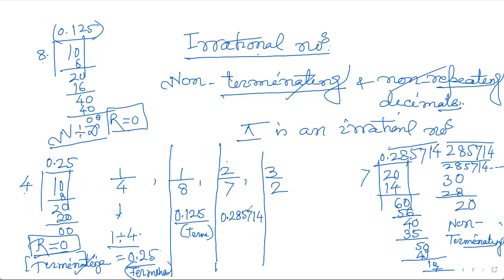Since it is repeating, we don't write it several times, we put a bar over it. This bar indicates that the whole set is repeating. So you found that your remainder is not equal to 0. Therefore, this is a non-terminating decimal, but it is repeating. So this is a non-terminating repeating decimal.